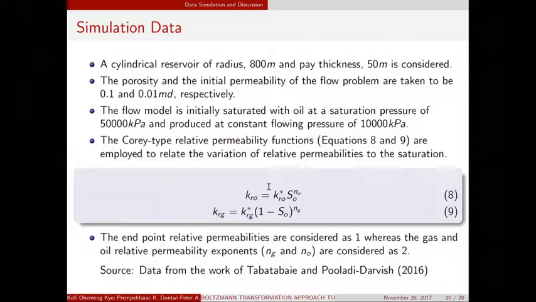We are assuming a constant production pressure of 10,000 kilopascals and a reservoir pressure of 50,000 kilopascals. And just to note, we are using the Corey type relative permeability curves to describe our flow problem, with coefficients of 2 for both the oil as well as the gas. This is actually based on the work done by Tabatabaei and his colleague in 2016.